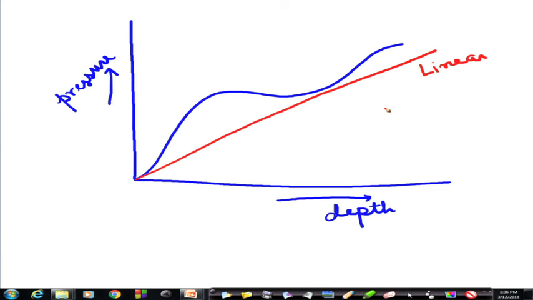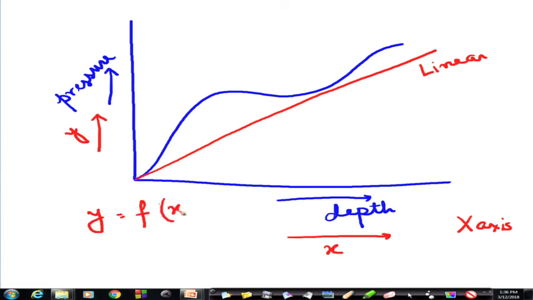Now, you know that this graph I can also state, if I say this is the x axis and my independent variable is x and the dependent variable is y, then this graph essentially represents a function, which is y is a function of x. Now, depending on the nature of variation of the dependent variable with the independent variable, the nature of the function will vary. This one will be a linear function, right.